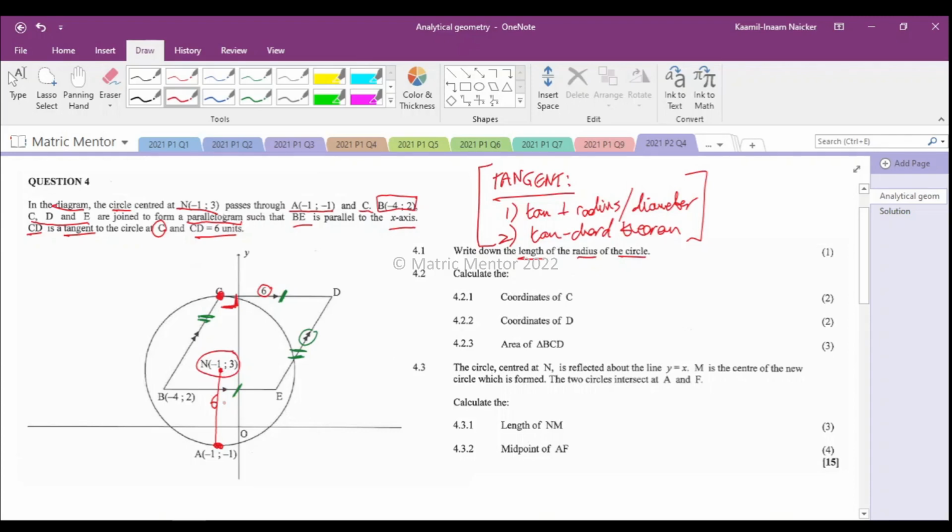So a line from the center to the circumference of the circle is a radius. You can see that A and N have the same x value, right? So that means they are vertically in line with each other, which means that this line is parallel to the y-axis. And so we can very easily evaluate the length of this, and we can use our distance formula.